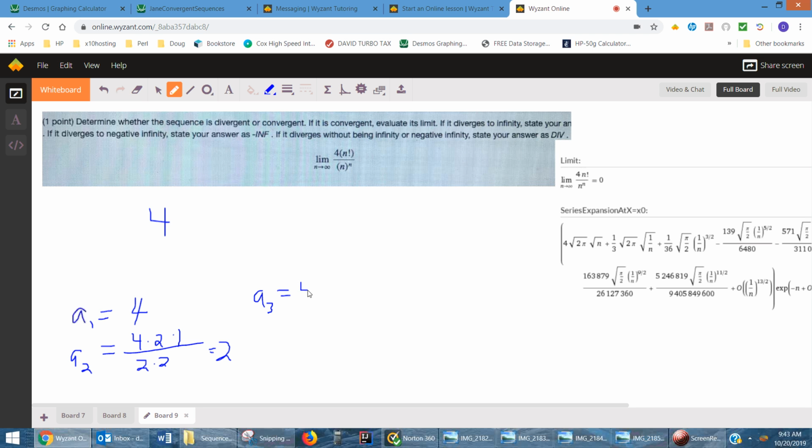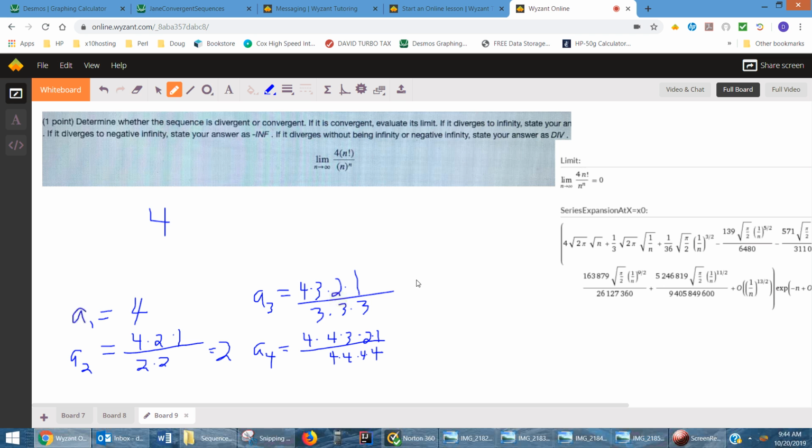It's 4 times 3 factorial over 3 to the third, 3 times 3 times 3. What about a sub 4? 4 times 4 factorial, 4 times 3 times 2 times 1 over 4 to the fourth. And I'm writing it this way so that you can see that the number of factors in the denominator is equal to the number of factors for the factorial.